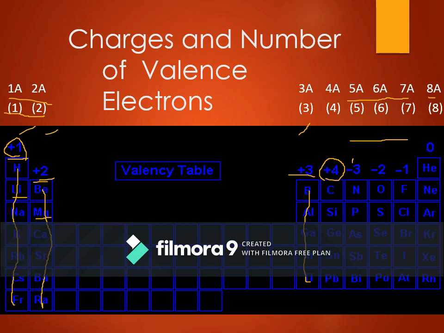Example, group 7 nonmetals form -1. All group 7 form -1. For group 6, form -2. And for group 5, form -3 charges.